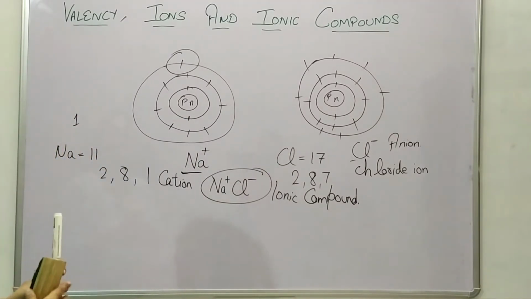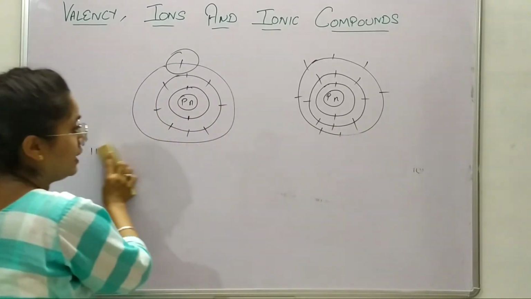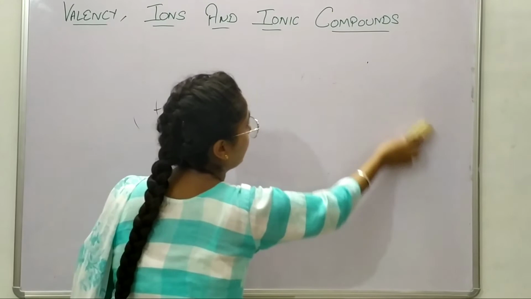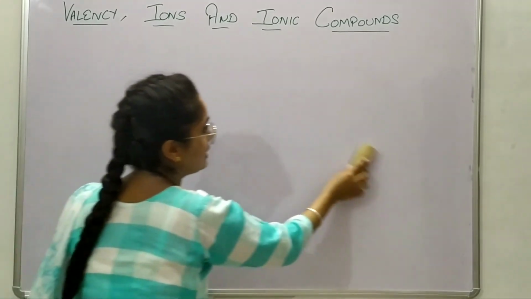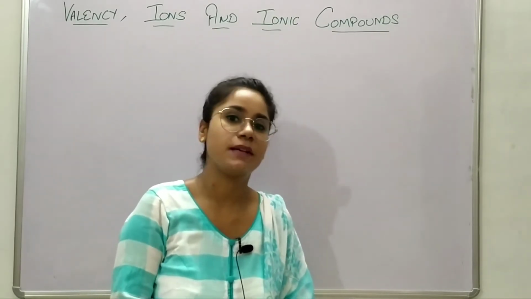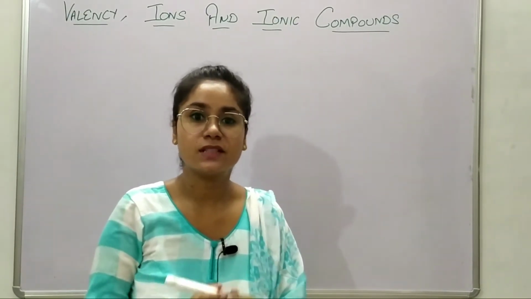Now, there are different kinds of ions, like different kinds of cations, different kinds of anions. Just like in the case of molecules, we had studied there are different types of molecules: diatomic molecules, triatomic molecules, tetraatomic molecules, polyatomic molecules.